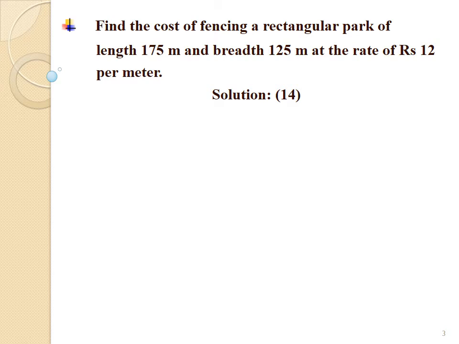Now, sum number 14. Find the cost of fencing a rectangular park of length 175 meters and breadth 125 meters at the rate of rupees 12 per meter. Students, in this question, we have to find the cost of fencing a rectangular park, and the cost is rupees 12 per meter.